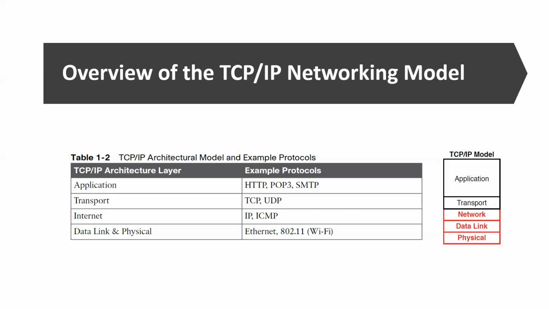We have an application on a computer, maybe Outlook on Cornelius's computer. That application communicates with the TCP/IP networking model to say, hey, I need to utilize SMTP at this moment, to send mail.